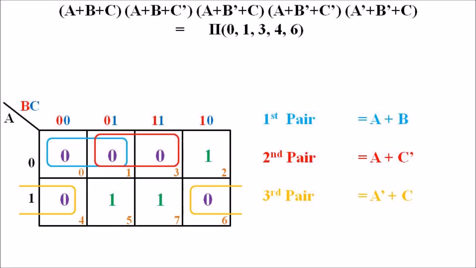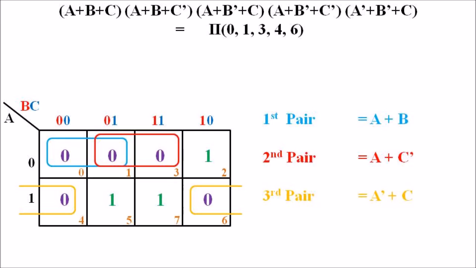If we are considering the second pair, which is marked in red, this pair also lies in the first row, in column number 2 and column number 3. Since this pair lies in the first row, the value of A remains unchanged, thus we can take A equal to 0. The value of C is unchanging in this pair, so the value of C is equal to 1 in both these cells, but the value of B is 0 in the second column and 1 in the third column.